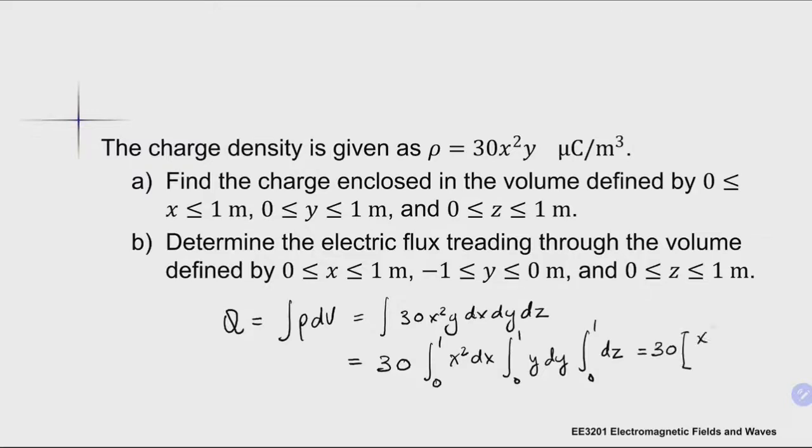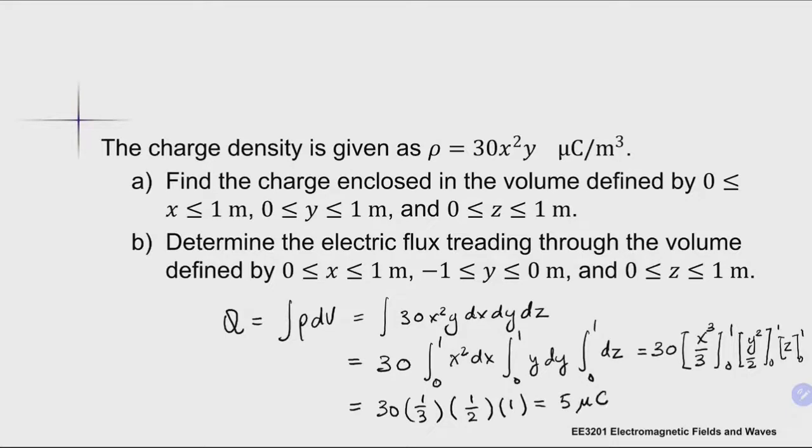X squared, that will be x cubed over 3. 0 to 1. Y squared over 2. 0 to 1. And then z 0 to 1. 30, 1 over 3, 1 over 2, 1. So this gives us 5 microcoulombs.